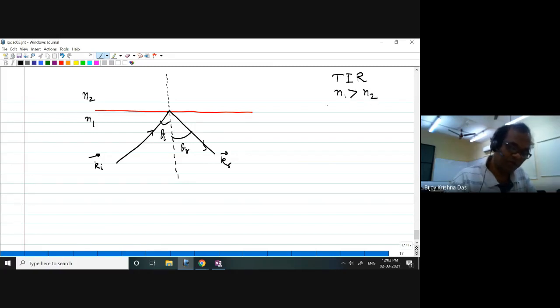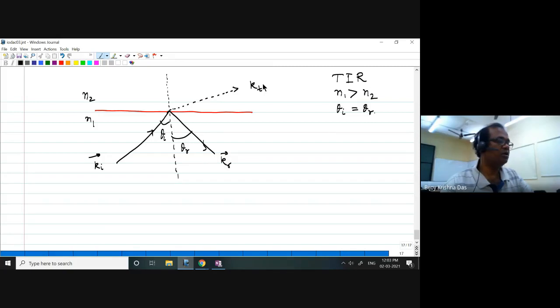And from Snell's law, or the normal reflection law, you always know theta I should be equal to theta R. To appreciate completely the total internal reflection, it is better to consider something like a fictitious transmitted wave, because we could not otherwise explain the penetration phase upon total internal reflection.